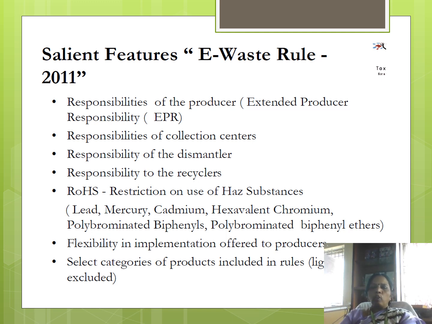Then responsibility of the dismantler, responsibility of the recyclers, then restriction on use of hazardous substances, RoHS. Hazardous substances include lead, mercury, cadmium, hexavalent chromium, polybrominated biphenyls, and polybrominated biphenyl ethers.